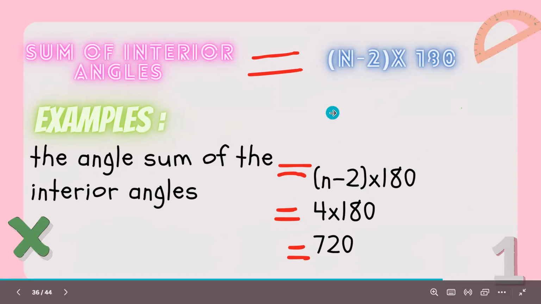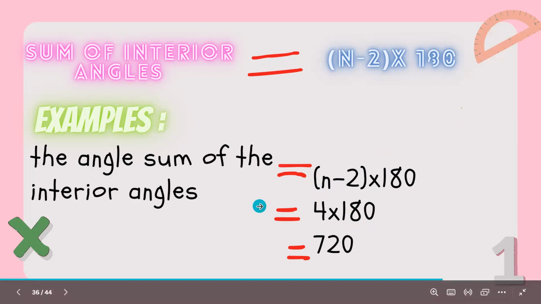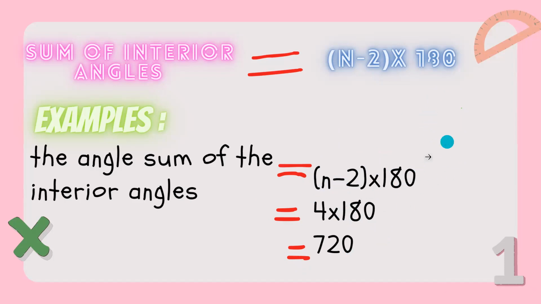That can find the sum of the interior angles. For example, a square has 4 sides. No, sorry, this one has 6 sides. So for the hexagon, 6 minus 2 times 180, that means 4 times 180, which equals 720.